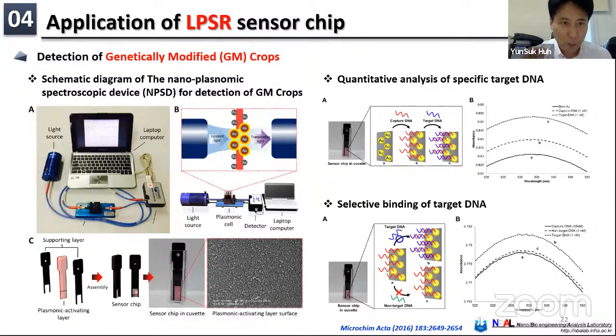That's why we chose a genetically modified crop sample, so we can verify our LSPR-based sensor technique.